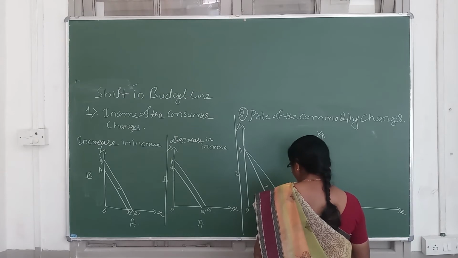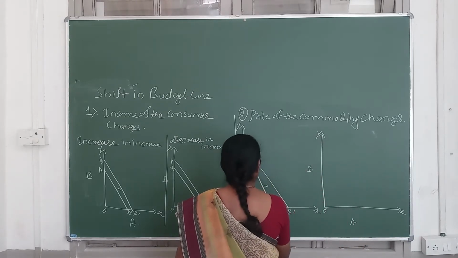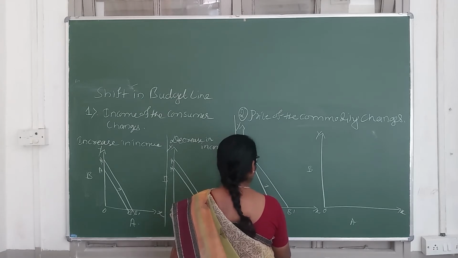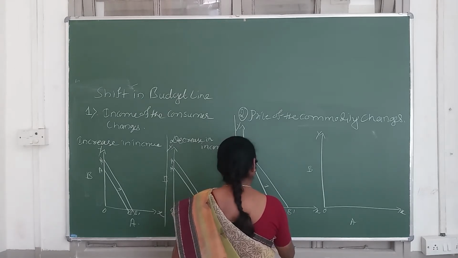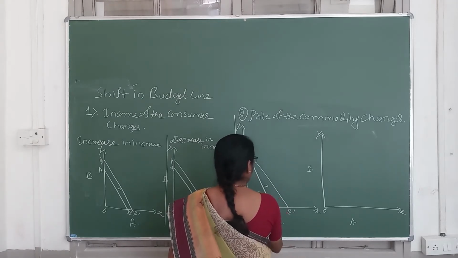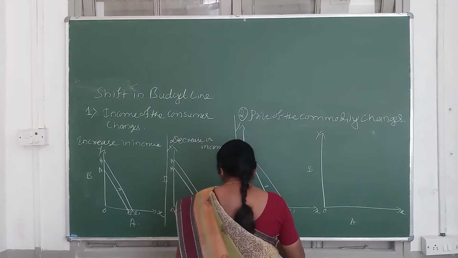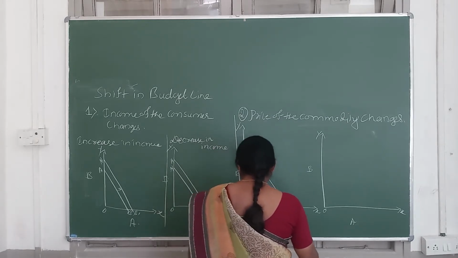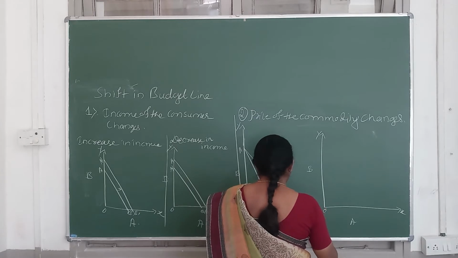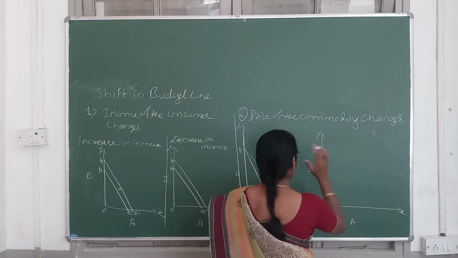What we discussed: when the price of apple decreases, we purchase more of apple, so it shifts from here to here. Suppose the price of commodity B increases, that means banana.